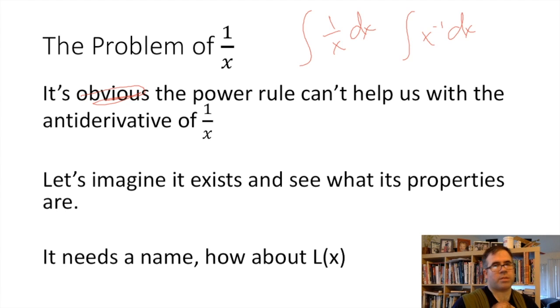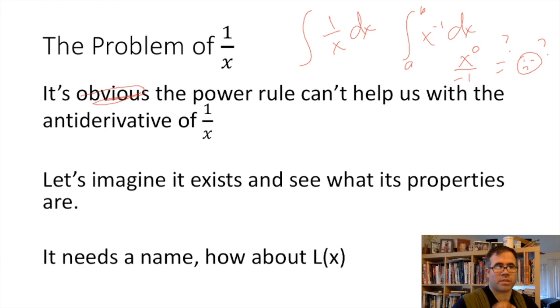By the power rule, we'd get an antiderivative of x to the 0 divided by negative 1, which doesn't seem right, because it's just a constant, so any definite integral would always be 0.